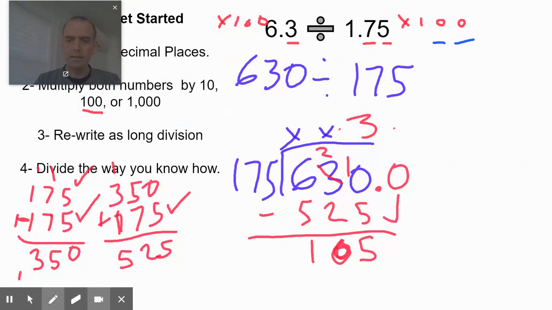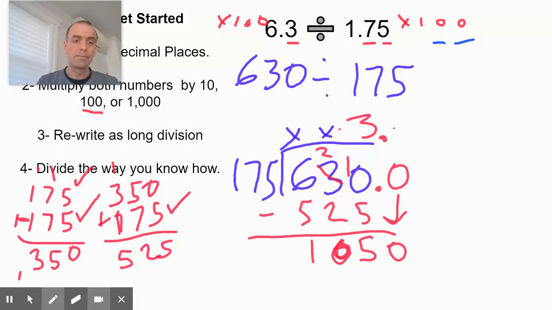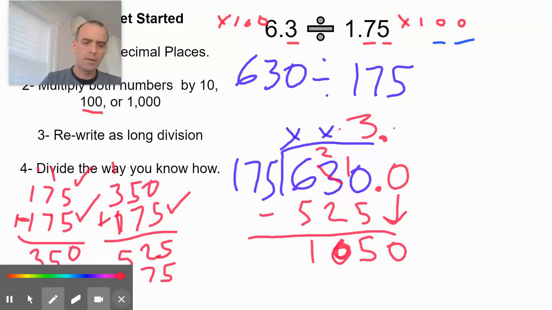I bring the 0 down, and I now have 175 into 1050. So that's a big problem. And all you're going to do is add 175 until you get to 1050.